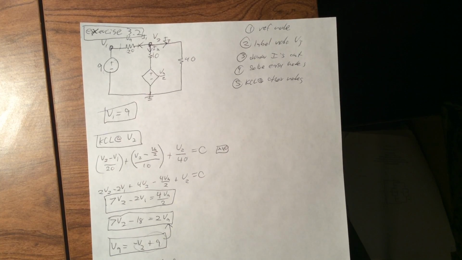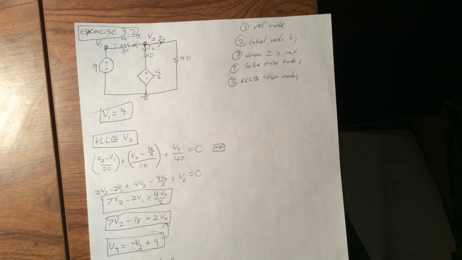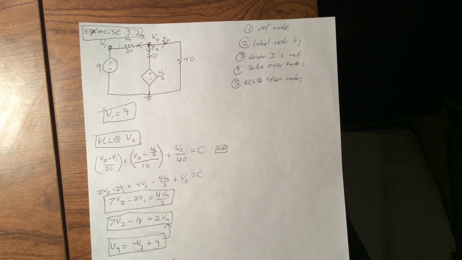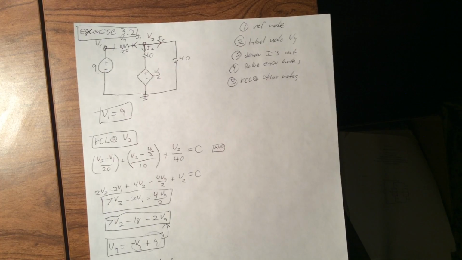And then what is our only other input that we need? We have our equation for VA, which is going to be this one right here. If we pull this over, V2 is going to equal 1, and this is going to equal 9.